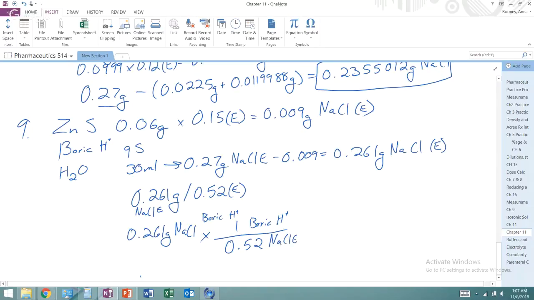That's your ratio. So then you find that this is equal to 0.5019 gram boric acid that you need.